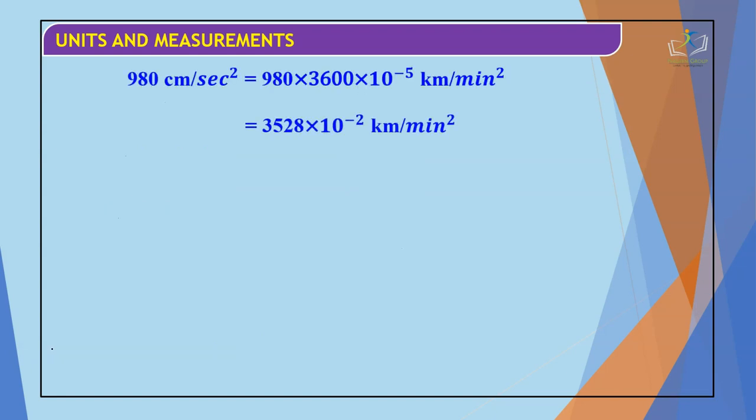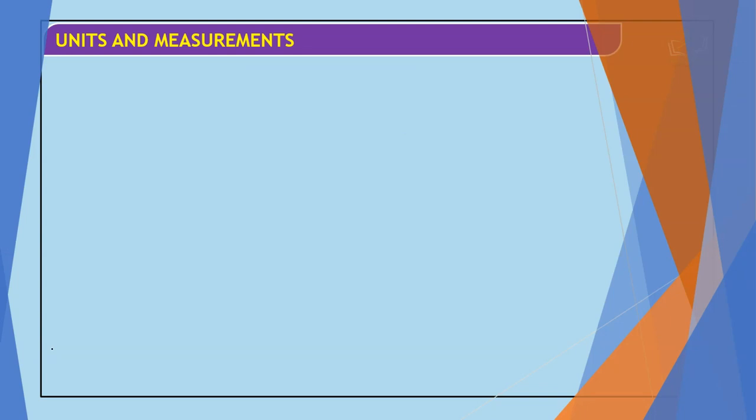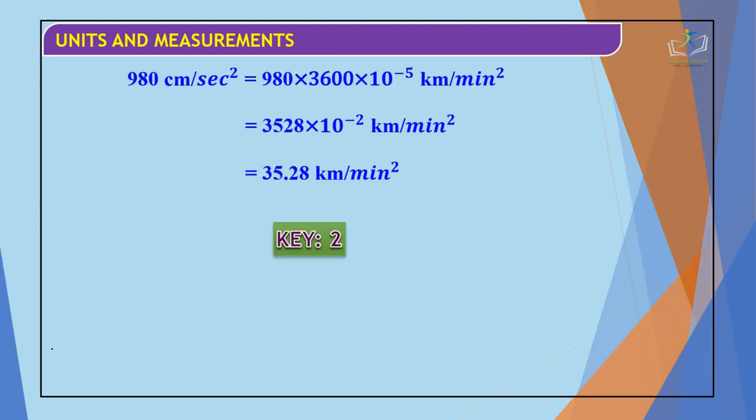After a little more calculation, we got the value 35.28 kilometer per minute square. According to this, the second option is the right answer. If you have any question or doubt, students, you may ask in the comment box.